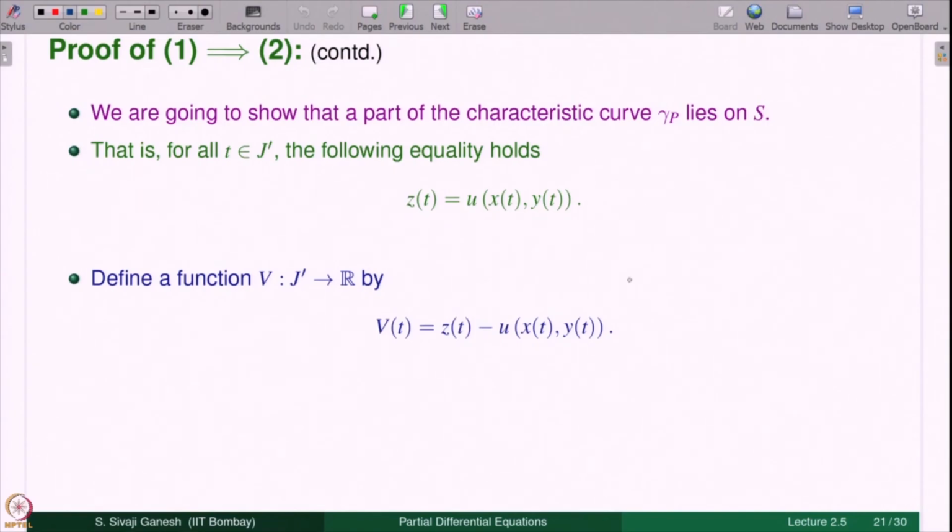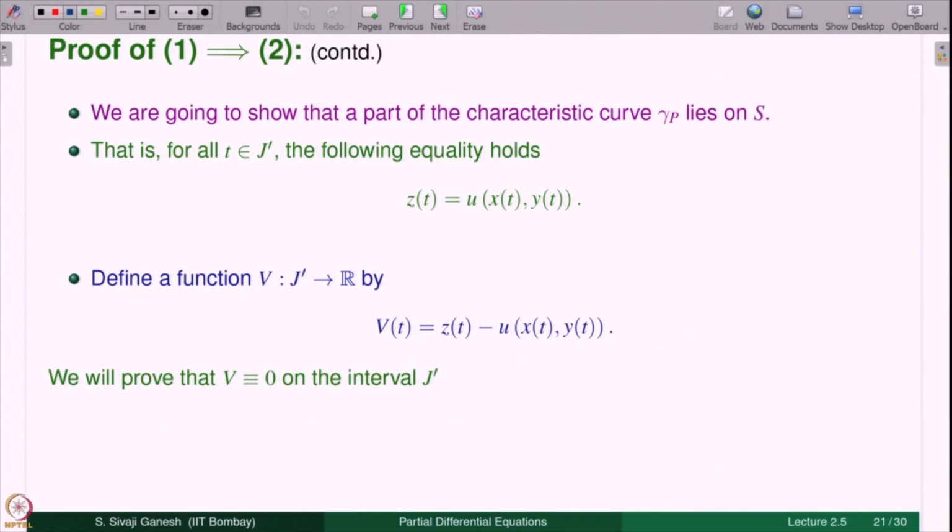What we want to show is this function is 0. What is the usual strategy? Show that the derivative is 0 and at some point it is 0, therefore, it is identically equal to 0. If f dash is 0 and f at some point is 0, f will be 0, because f dash is 0 means f is constant. But we are not that lucky, but we can still show that v is identically equal to 0.